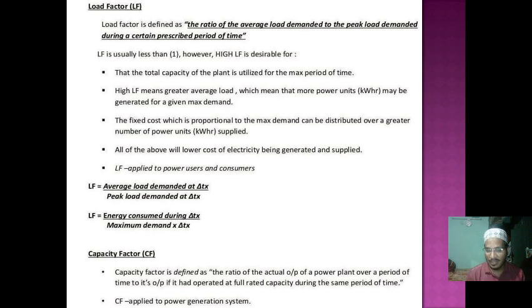Got it, everyone? Another way we can say the load factor in terms of energy: energy consumed during delta Tx by maximum demand times delta Tx.